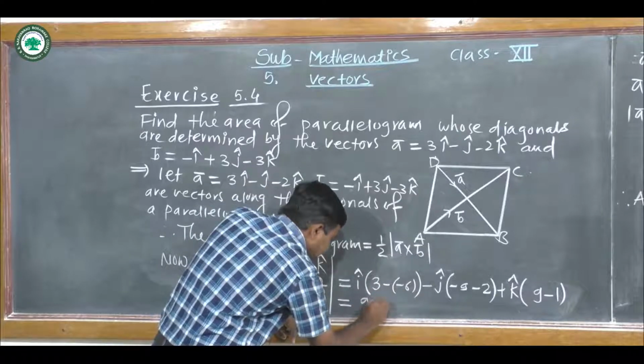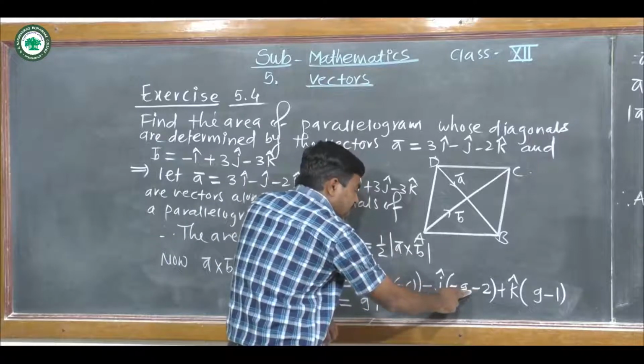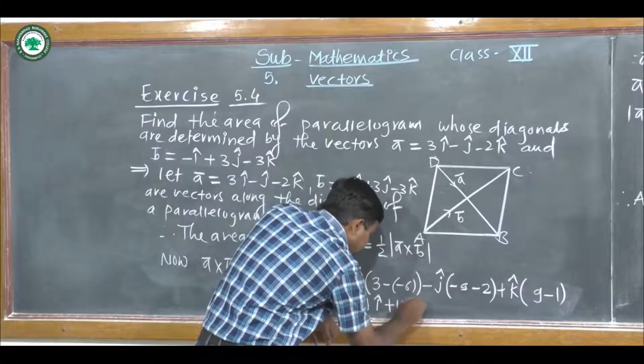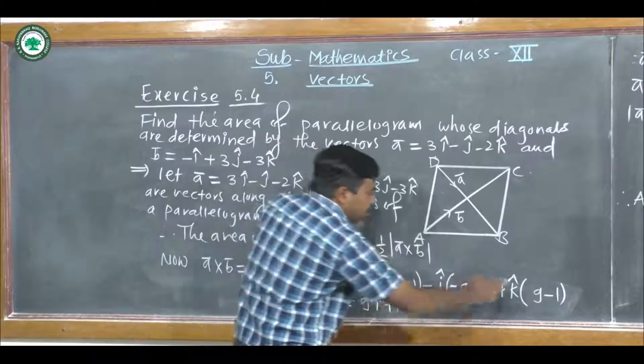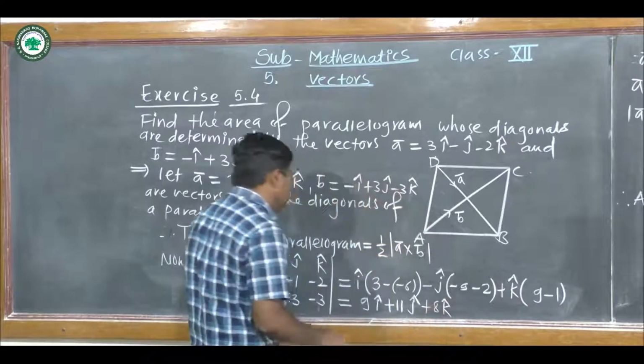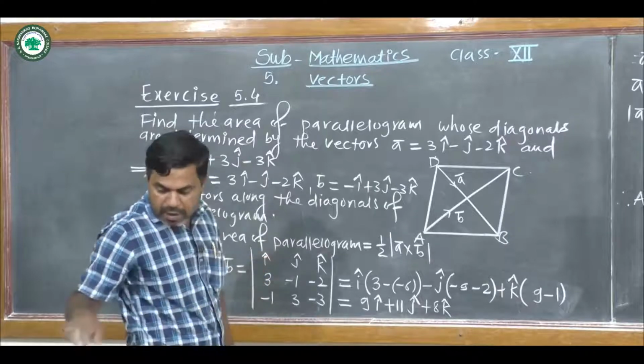So it is 9 i cap. Minus 9 minus 2, minus 11. Minus 11, minus becomes plus, 11 j cap. And 9 minus 1, 8, plus 8 k cap. So this is your A bar cross B bar.